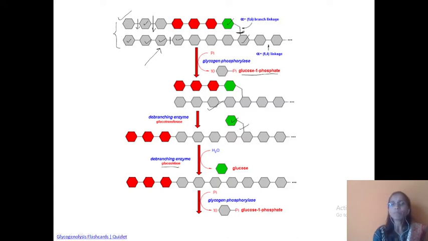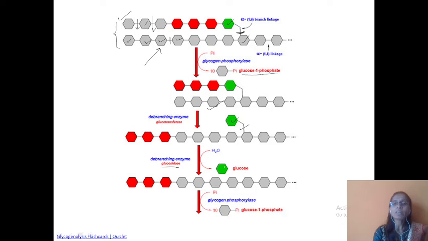So apart from the glycogen phosphorylase enzyme, glycogenolysis will require 2 types of debranching enzyme. One will transfer the branch from the sub branch to the main branch, and another will remove the junction of the branch.